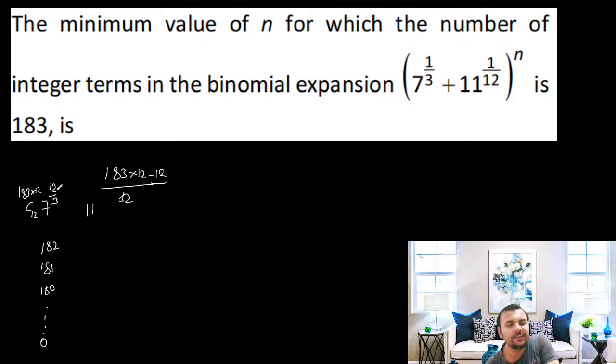It is 183 into 12 by 3. So the other terms are, so we have n equal to 183 into 12. This is the answer. So simple question.